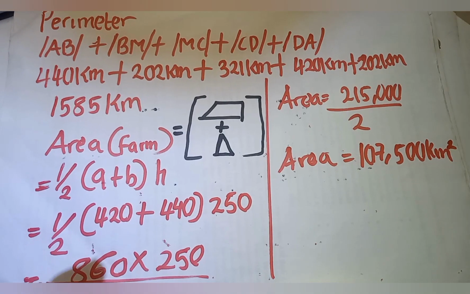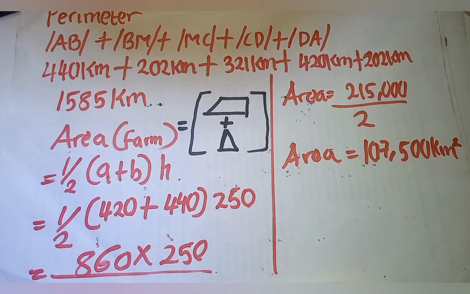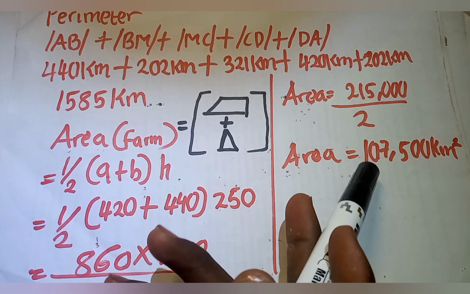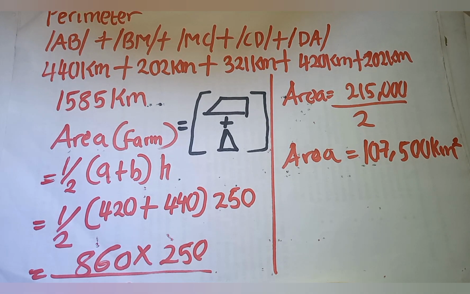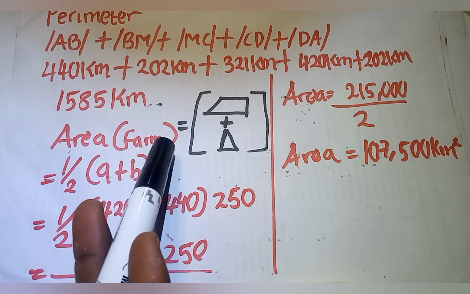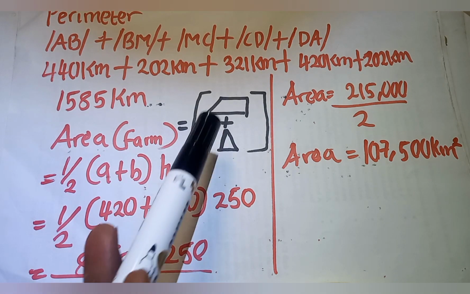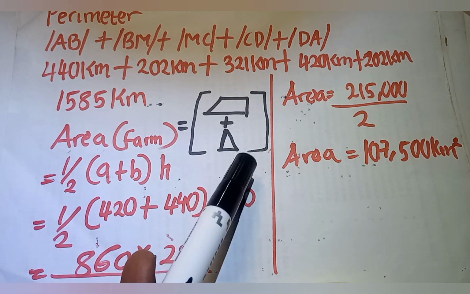Kilometers squared. Now you can see this is the area of the trapezium, and don't forget the area of the farm is given by the area of the trapezium plus the area of the triangle.